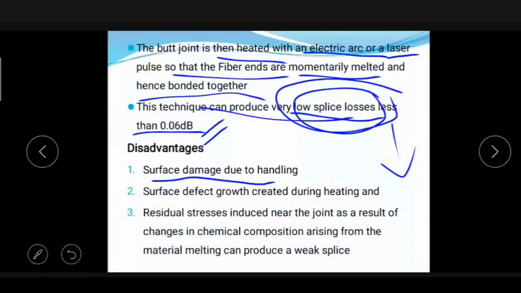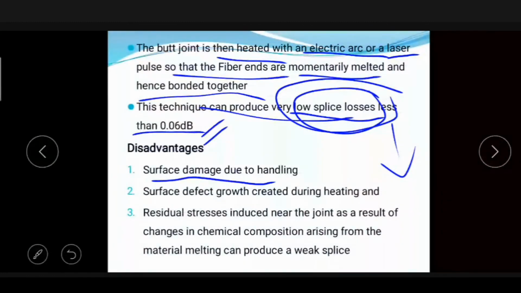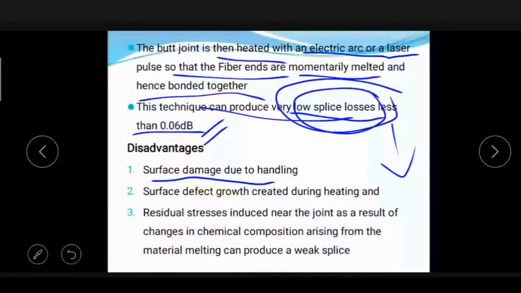If the fiber size is very small, microscopic size, it is very difficult to hold a fiber of such size using a fiber holder. So that is a micro manipulatable fiber holder. So it is very difficult, so it may damage.